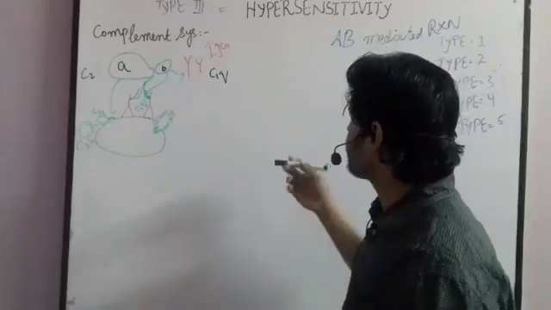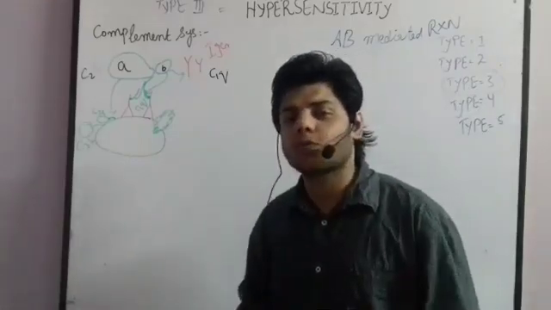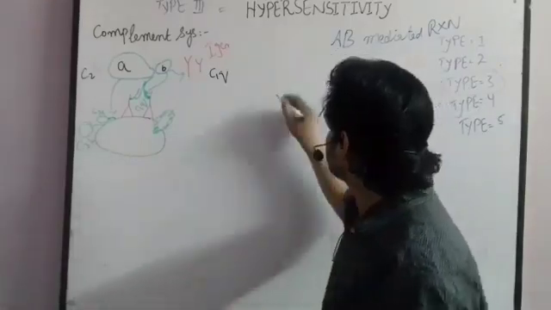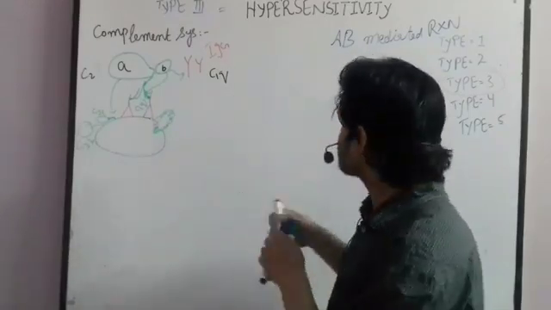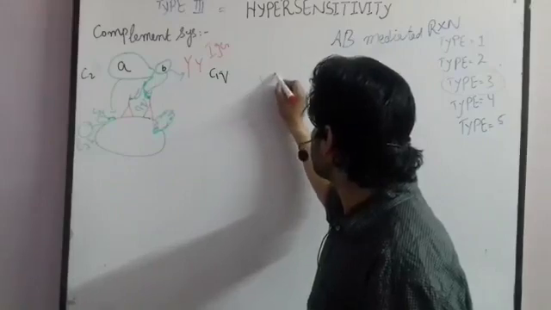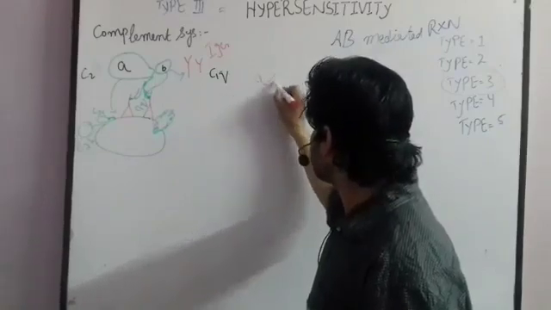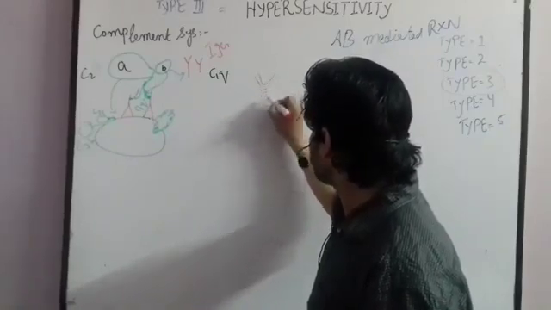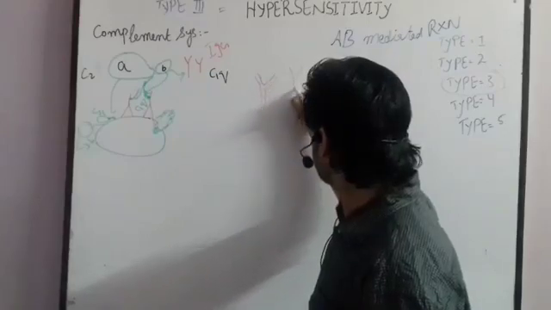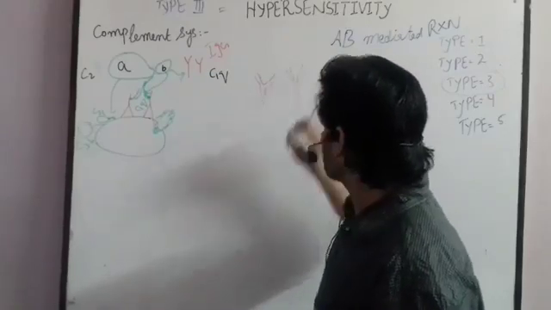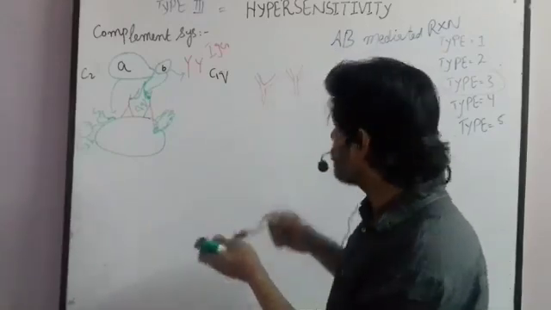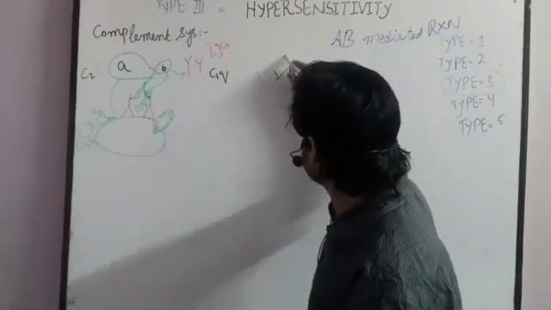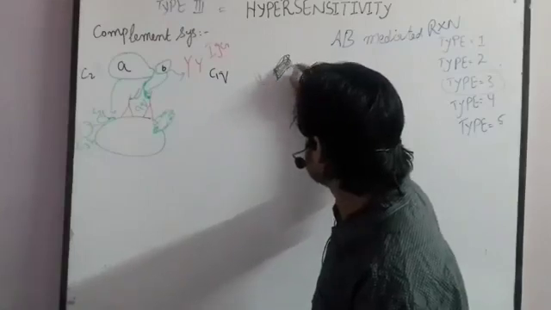Once our body is exposed to such an allergen, let's suppose our IgG antibody is activated. So this is the IgG antibody which is activated, due to this allergen molecule.